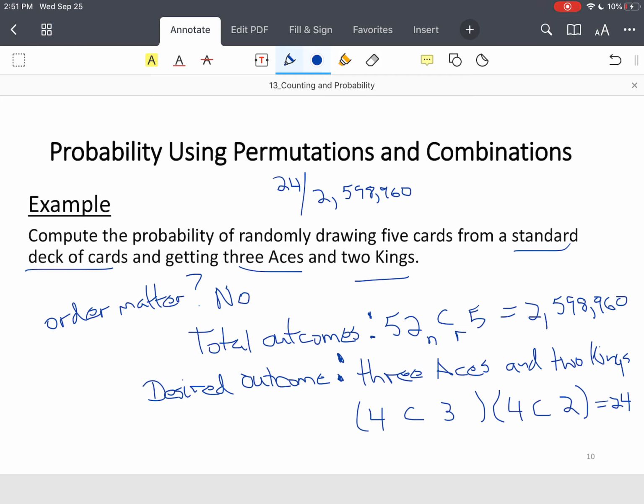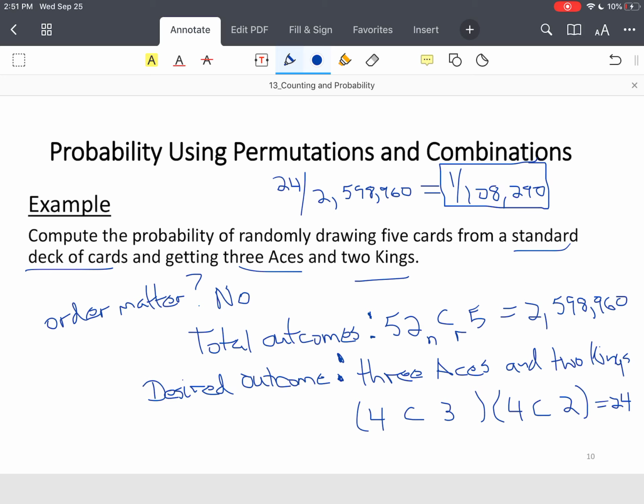Depending on what the question asks, you can have a simplified or reduced fraction. So 1 over 108,290. That's your fractional solution.